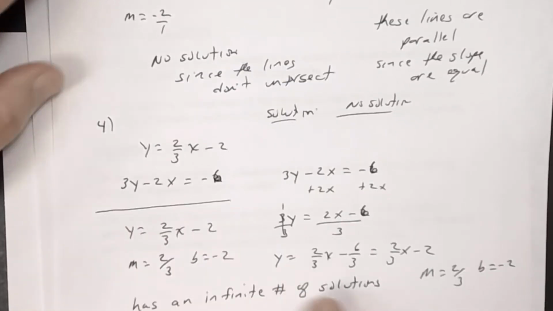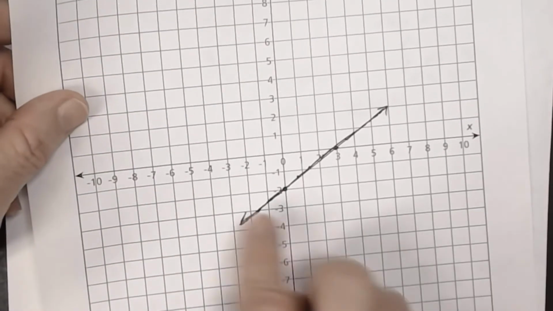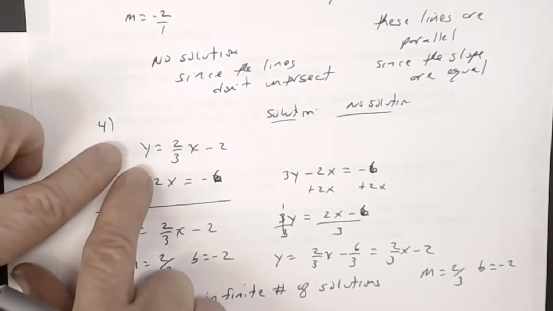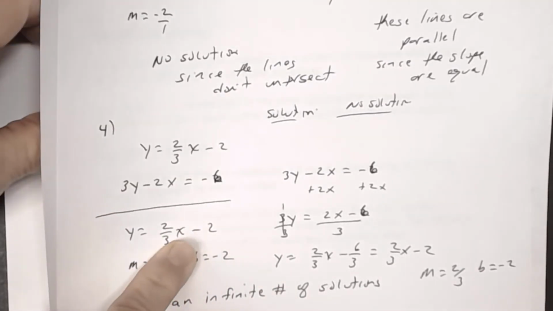Remember number 4, the slopes are the same, the y-intercepts are the same, which meant that the graphs overlapped. I want you to look at the first equation and look carefully at what I'm about to say.